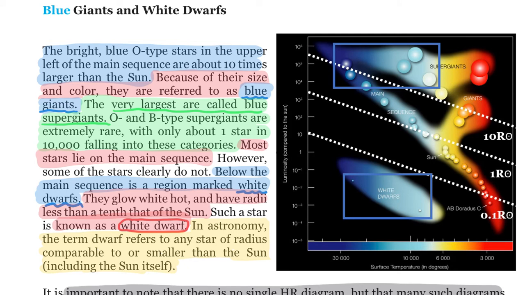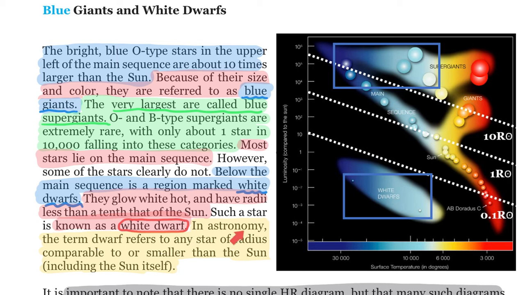That's the greatest understatement I could make, that you've got all sorts of varieties. But you see, there would be a white dwarf sitting at about maybe 8,000 or 9,000 Kelvin, right, but much smaller, a tenth of the radius of the sun.